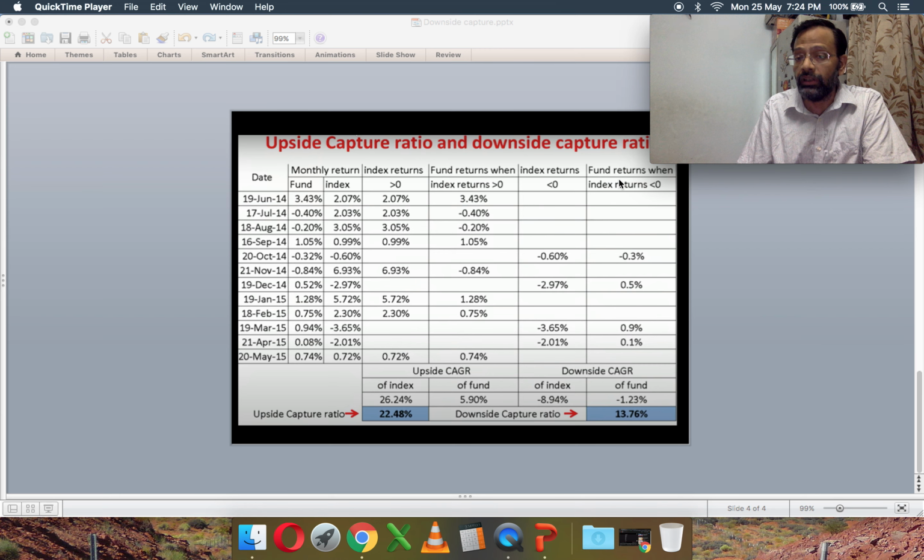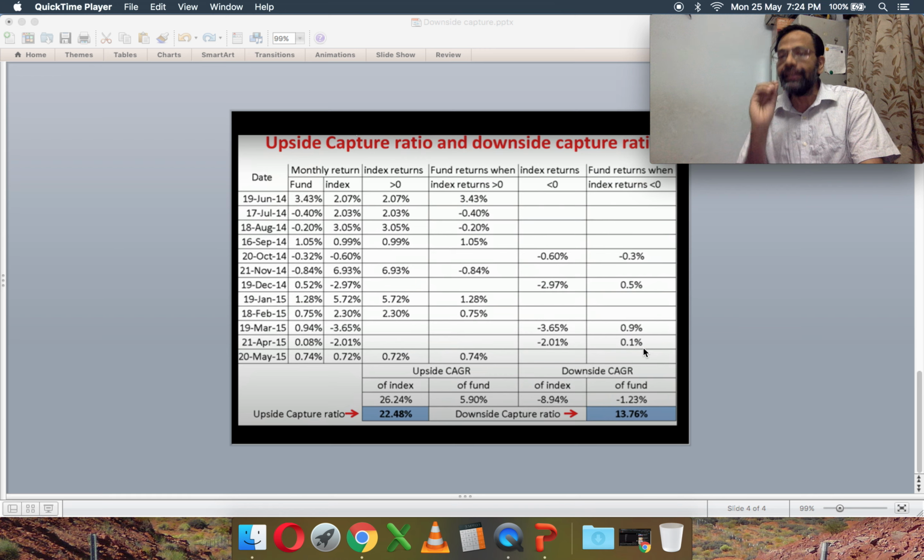I then calculate the downside CAGR of the fund, which is minus 1.23%. Then I compute the downside capture ratio as minus 1.23% divided by minus 8.94%, and that's 13.7%. This means that the fund has only captured 13% of the index losses, and that's a good fund.